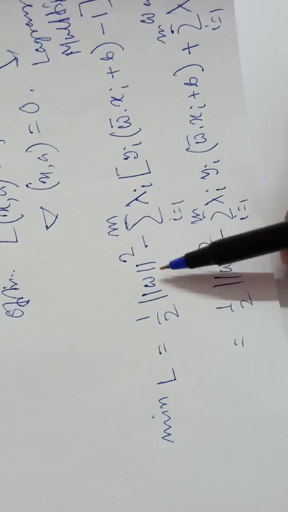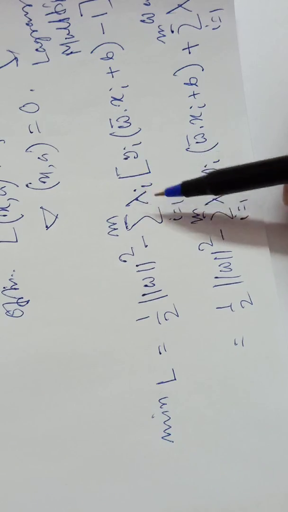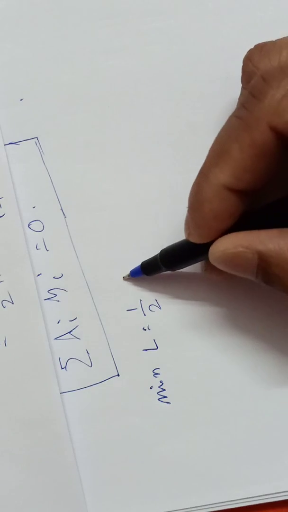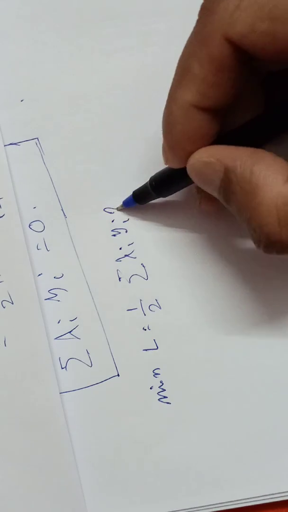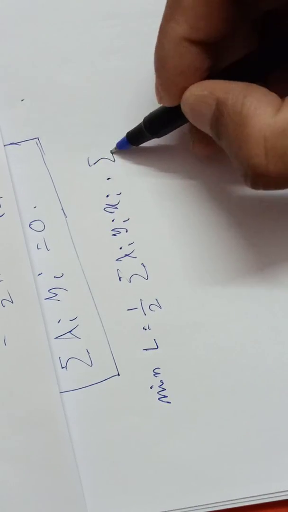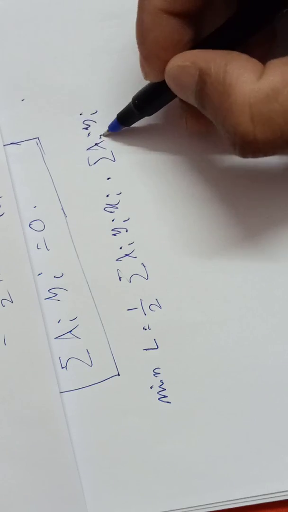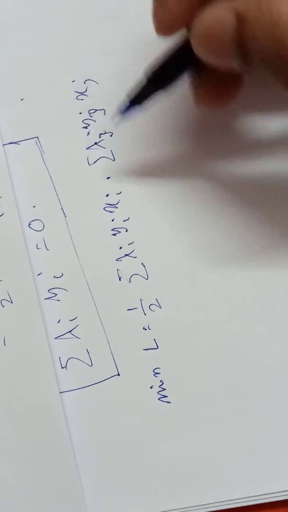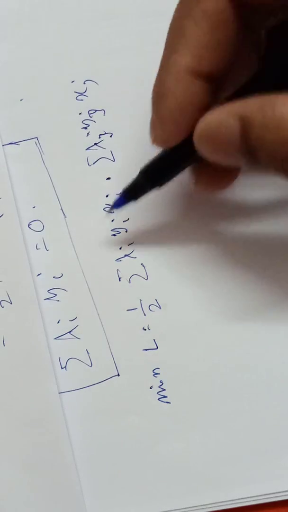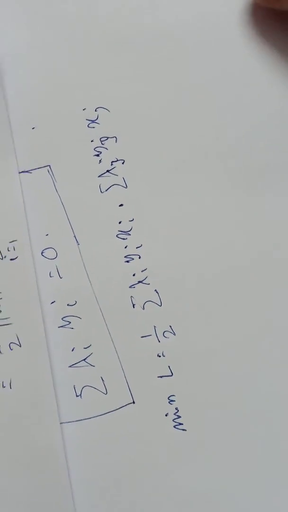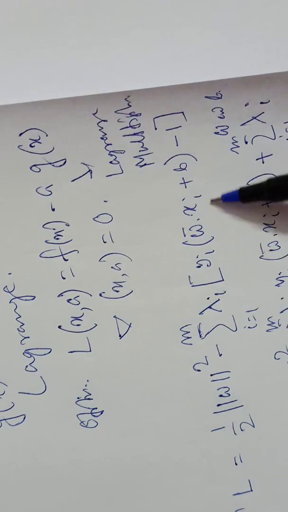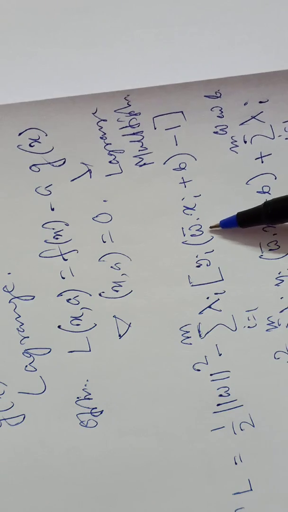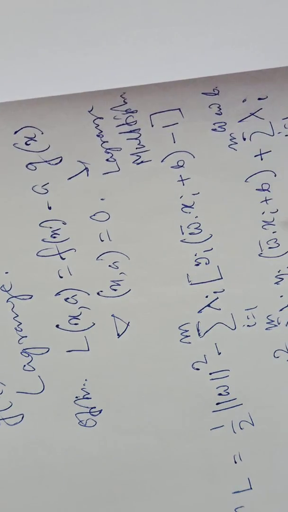So we can write this norm square as, one value is lambda i yi xi, and another is lambda j yj and xj. So if we take the dot product of these two, then we can say that this is the norm square.